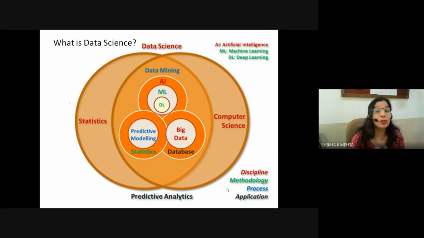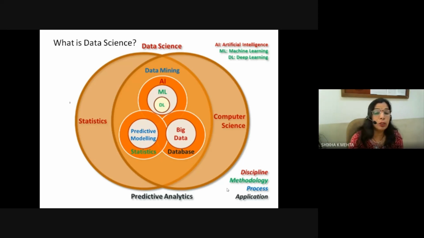You see the two main disciplines are statistics and computer science. At the common point in between is data mining. Data mining is basically a process which involves various methodologies, where we have artificial intelligence techniques, predictive modeling, databases, and statistics.